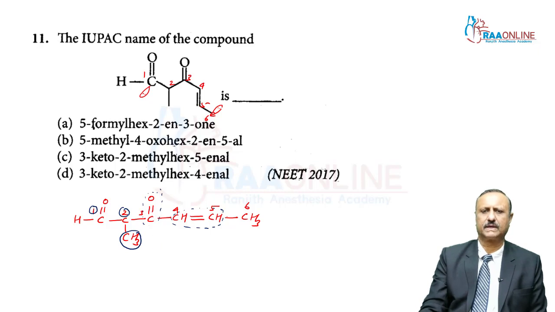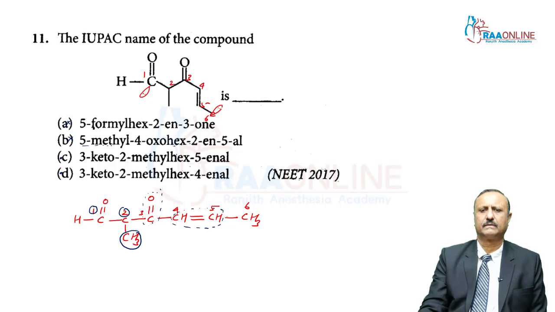So, methyl group on second carbon atom, here you can check this B is not the correct answer because the methyl group is present on the 5th carbon atom. Here my dear students, you can check the C, methyl present on 2, and here methyl present on second. It may be C or may be D. In A the methyl group is not written, so it is not the answer.